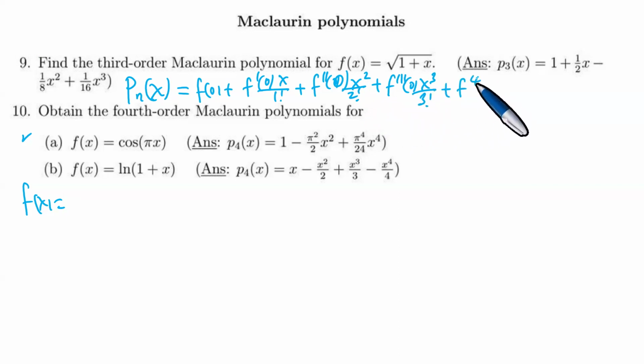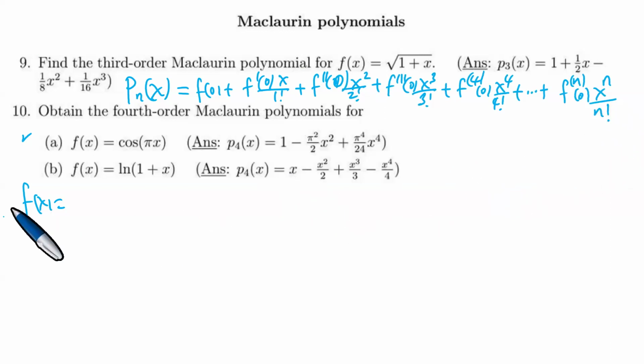And then you can do the fourth derivative of 0 x to the power 4 over 4 factorial. Okay, this becomes the thing we have.